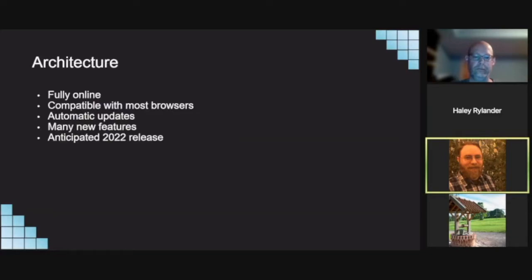In terms of architecture, traditionally the program was a Java application that you had to download, and so every time we changed it, you'd have to re-download it. But we're going to a fully online version with version 4. It'll be compatible with most web browsers. So you just run it right in the browser, which is nice because anytime we update the software, you'll be able to have the most recent version just by refreshing your webpage.